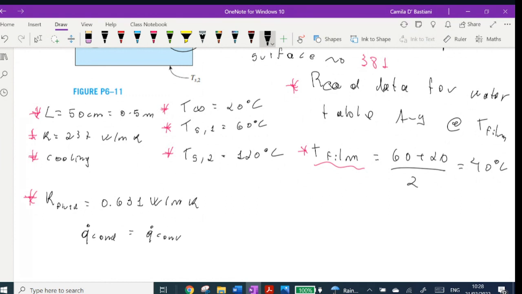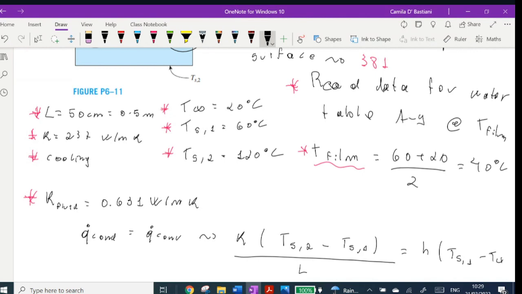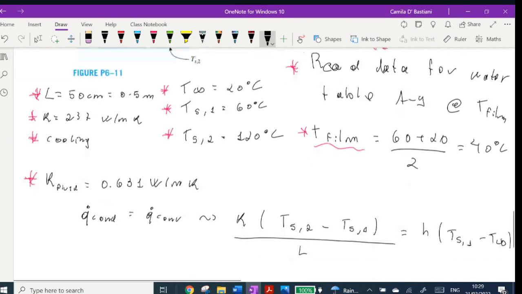So if I write that, I can say that my conductivity multiplied by the temperature of the surface on the bottom minus the temperature of my surface on the top, divided by the thickness, is equal to my heat convection coefficient times the temperature of surface 1 minus the temperature of the water.